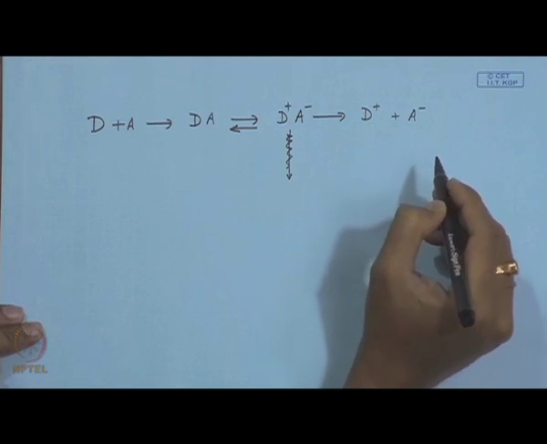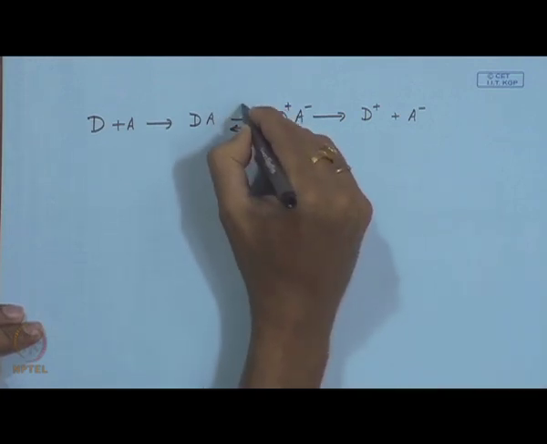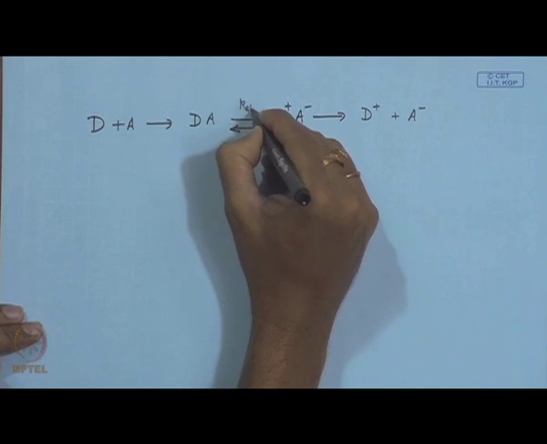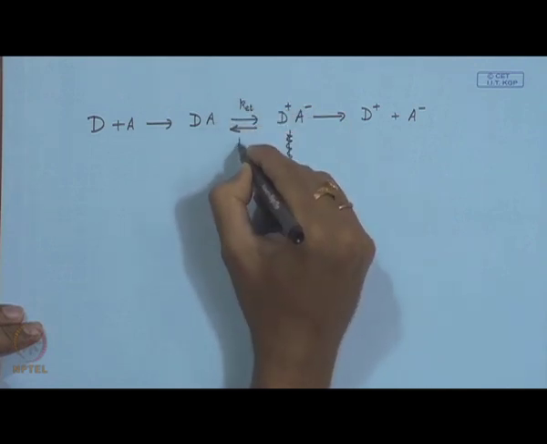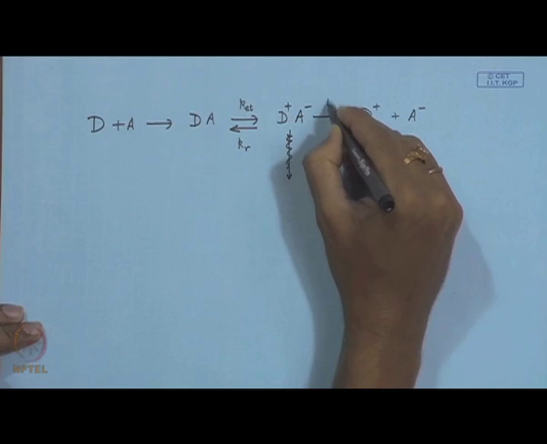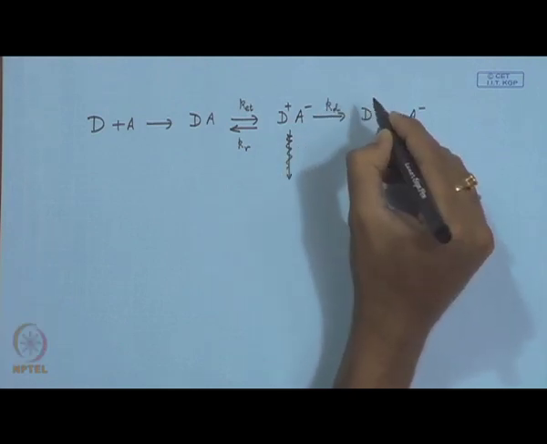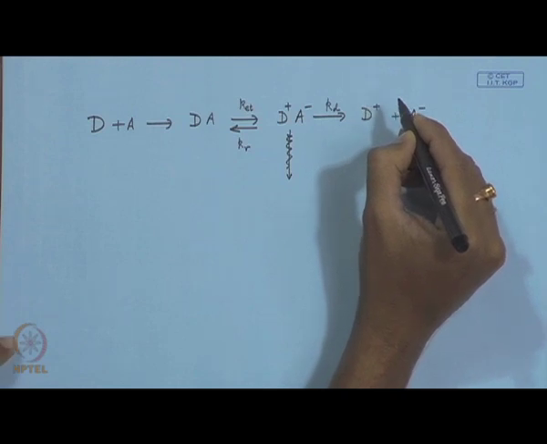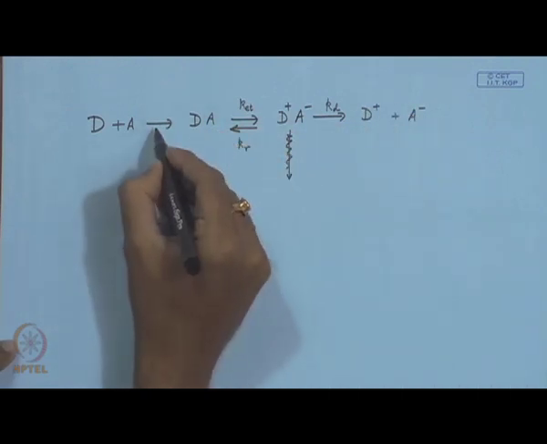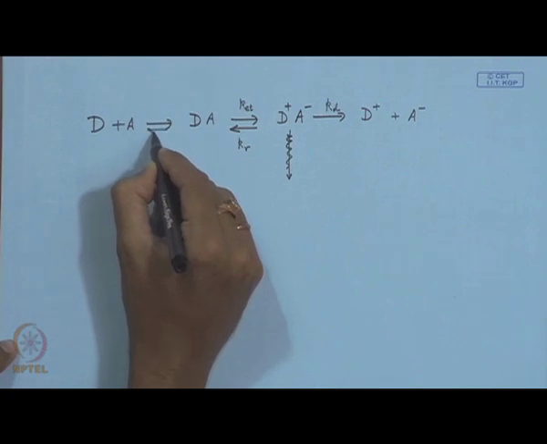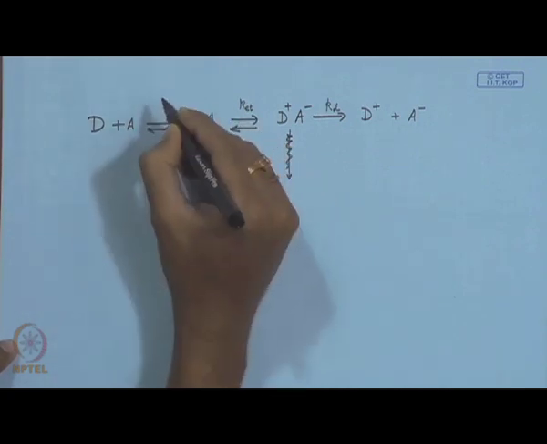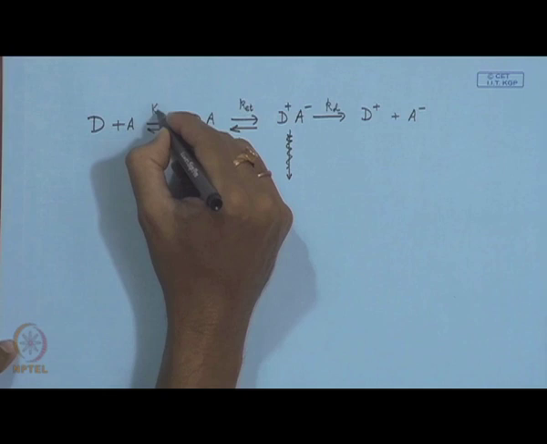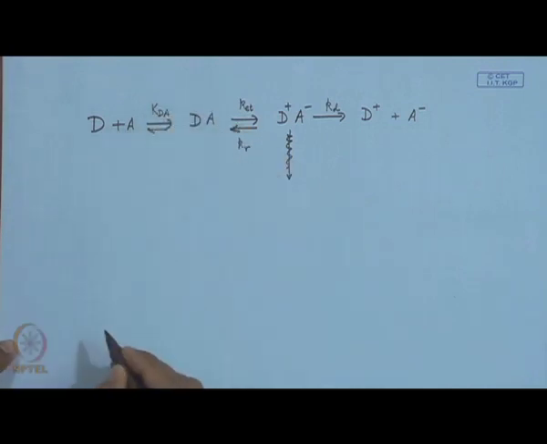So, this is your KET, this is your KR, this is your KD. And this equilibration is your KDA, the equilibrium constant.